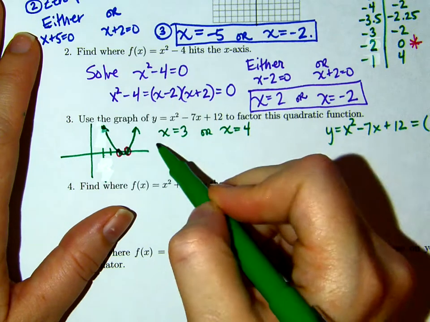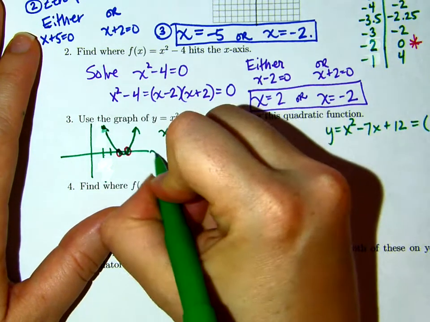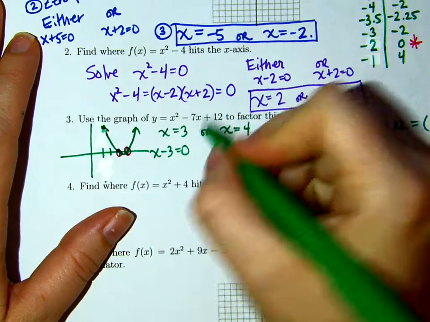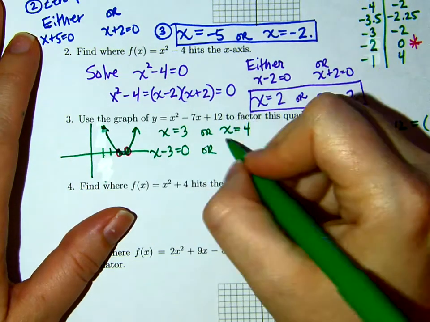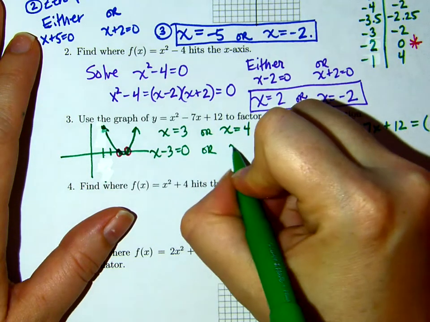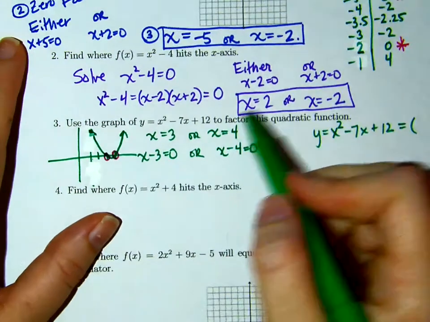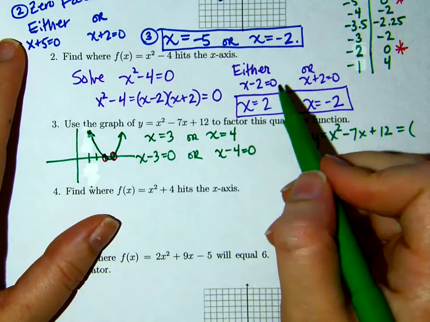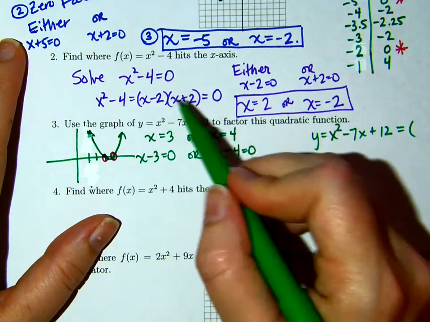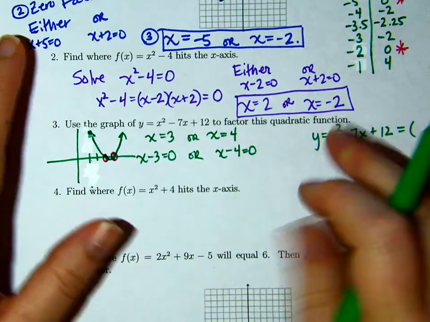And if I subtract 3 from both sides of this, that would say x minus 3 equals 0. If I subtract 4 from both sides of this, x minus 4 equals 0. And then I write them as two factors being multiplied, two linear factors being multiplied.